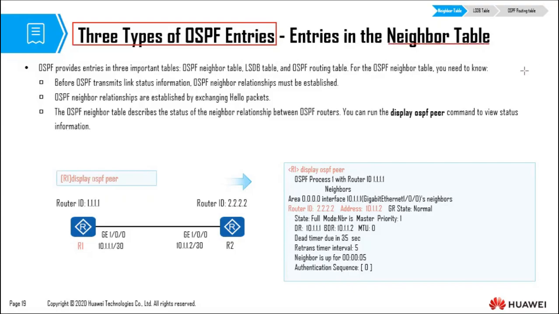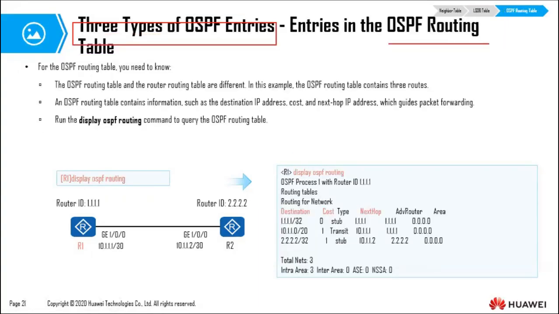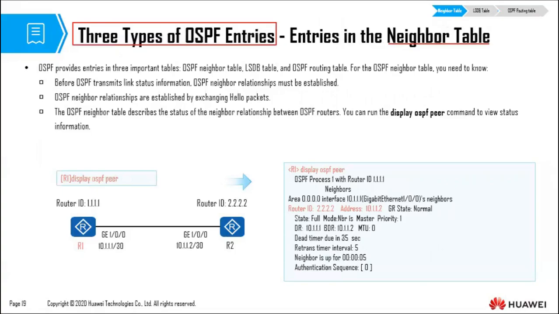The second one is called the LSDB table. Then the third one is called the routing table, OSPF routing table. So we have those 3 tables. Let me just call them tables.